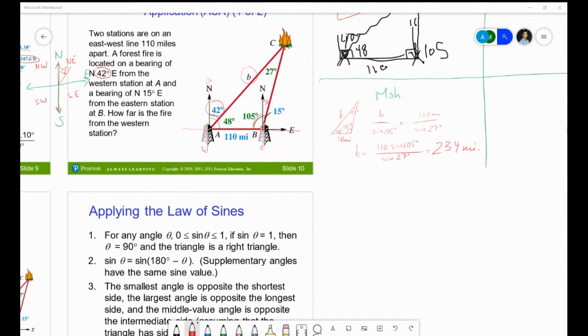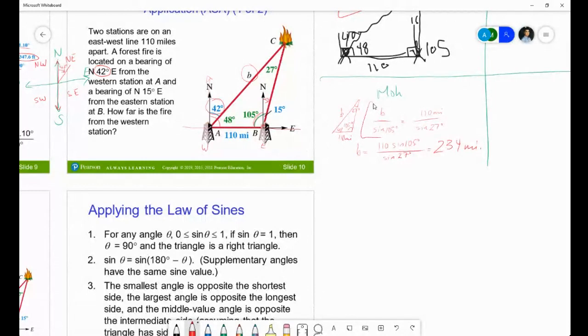I hadn't solved it yet. Okay, but you set it up right. Did you set this part up correctly? Yes. Okay, you set it up right. That's the most important part. All right, let's continue.